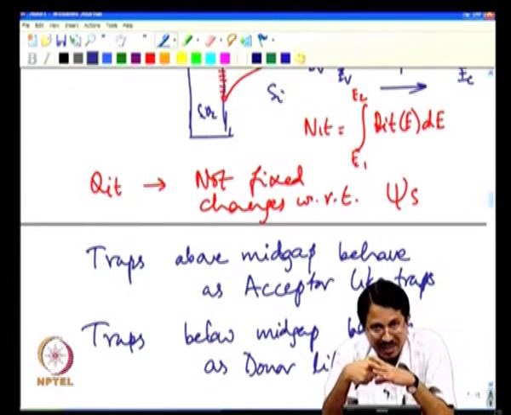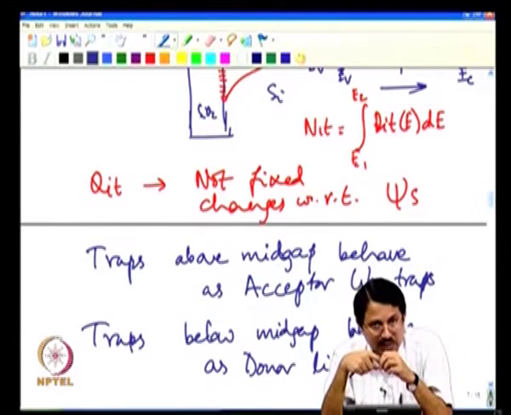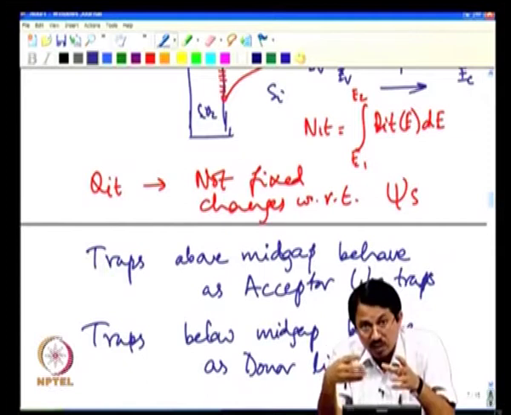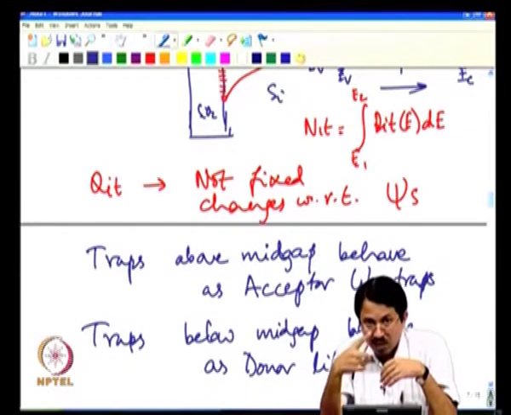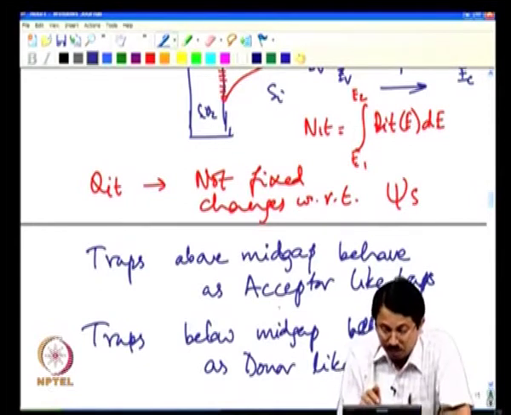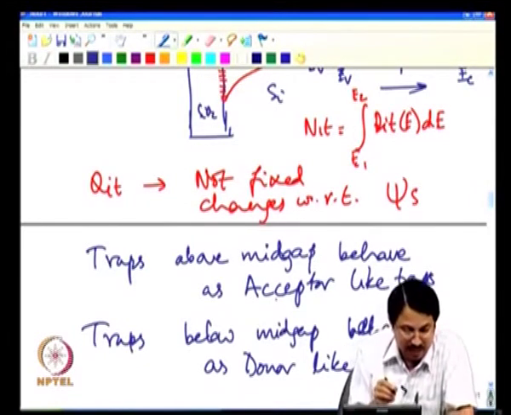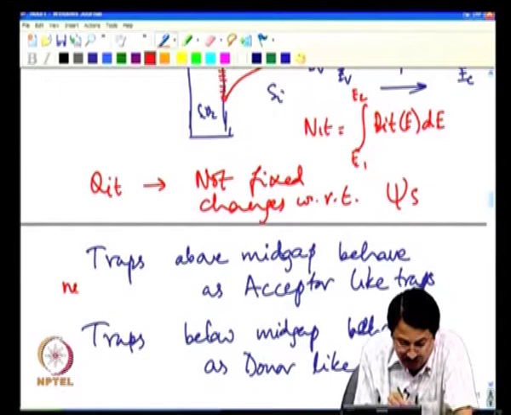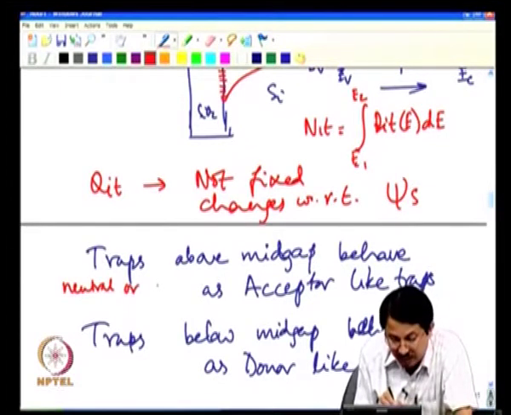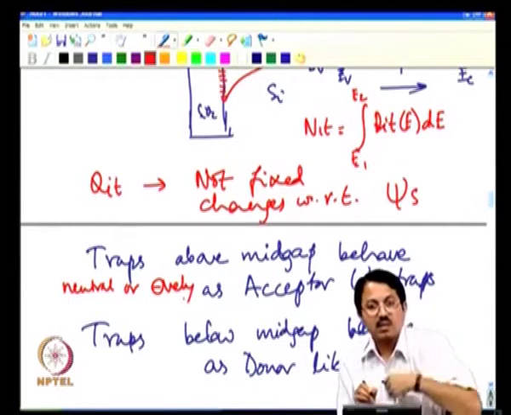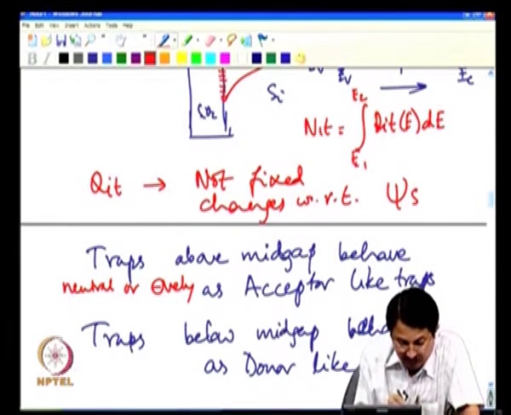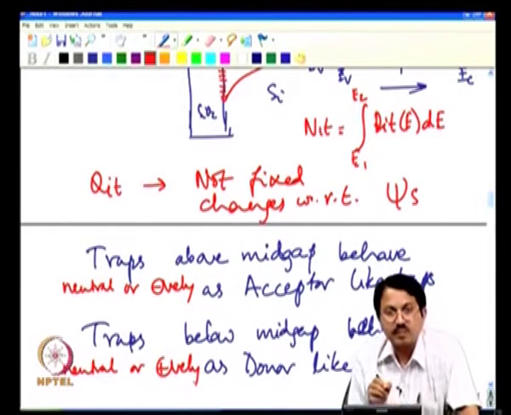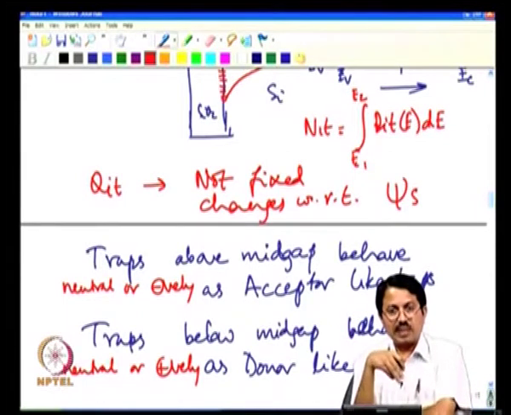So, an arsenic atom in silicon can either be positively charged or neutral. Similarly, a boron atom in silicon can either be neutral or negatively charged, but it cannot be positively charged. The meaning of this is that an acceptor like trap can either be neutral or negatively charged. If it is donor like, it can be either neutral or positively charged. That is how these states behave.